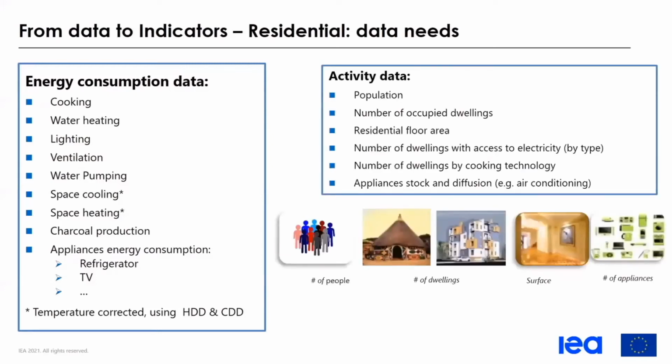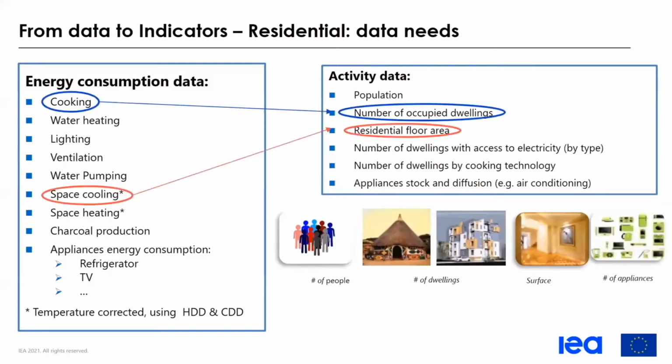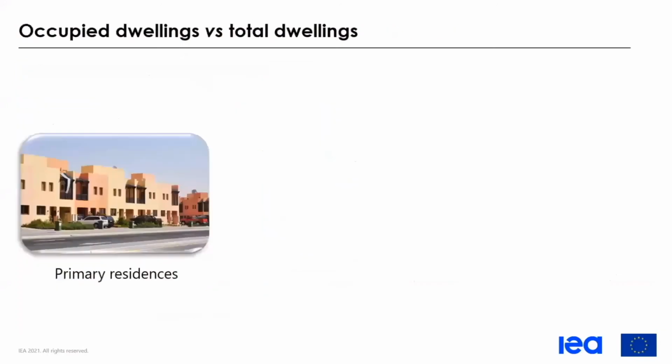Regarding the activity data for the residential sector, we could collect information on the number of dwellings, particularly occupied dwellings, residential floor area, as well as stocks of different types of appliances. We should also pay attention to the activity data we use for our indicators.